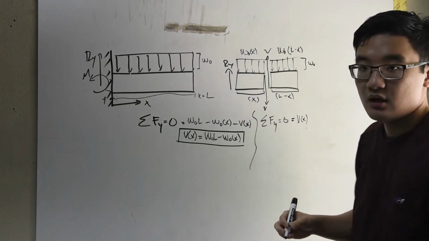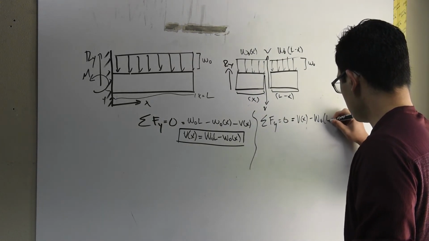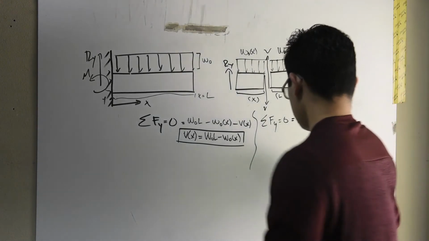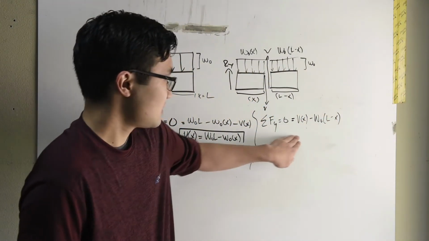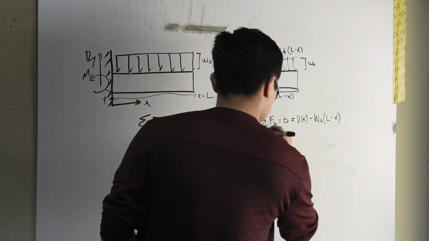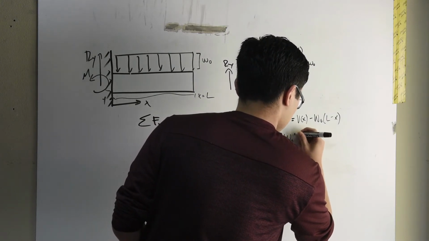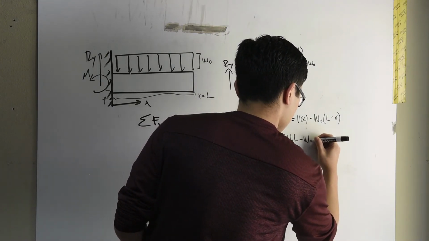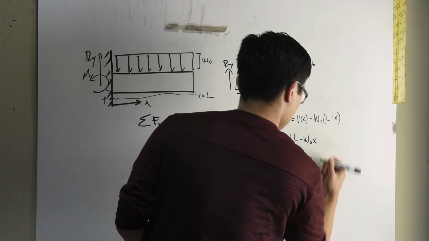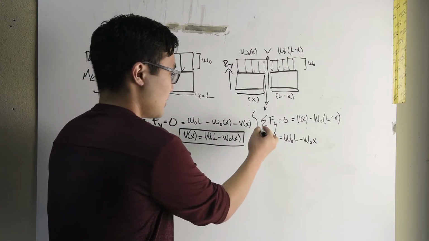And the W naught (L minus x) is downward, minus W naught (L minus x). Let's go this way. So here's my equation. Solve for V of x.